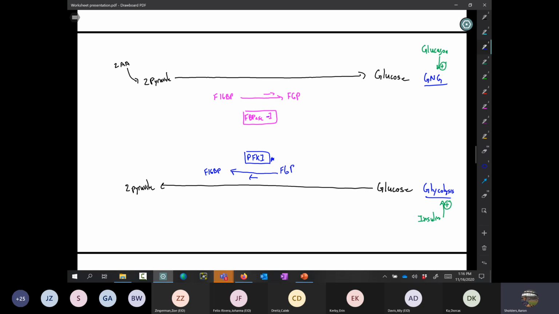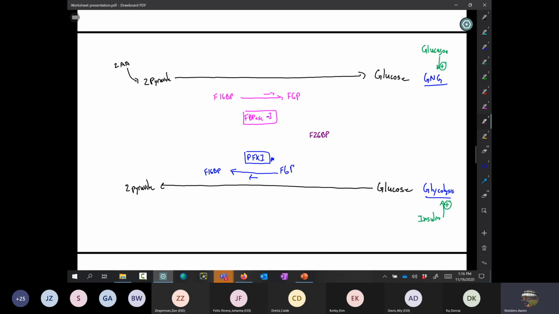Okay, now central to all of this is going to be this molecule, fructose 2,6-bisphosphate. Fructose 2,6-bisphosphate is not fructose 1,6-bisphosphate. It's very, very similar, but it's different by the placement of where the phosphate is on the second carbon of fructose rather than the first.